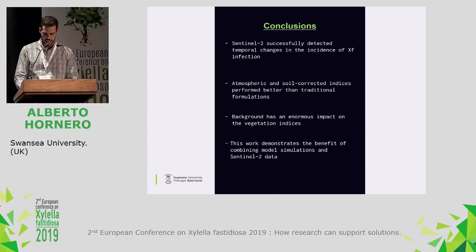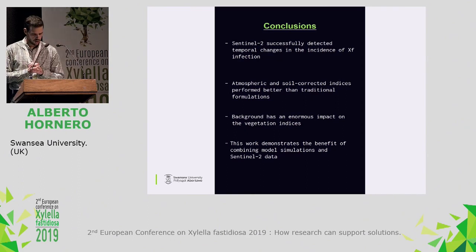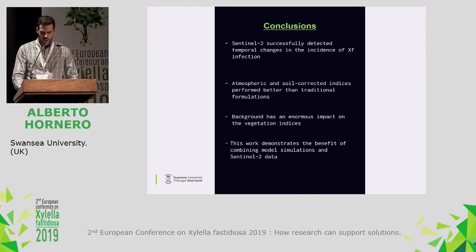This is a critical aspect to accurately predict delta DS and delta DI. So we could say that the proposed methodology can provide useful spatiotemporal indicators to track the damage caused by Xylella fastidiosa infections in large areas.